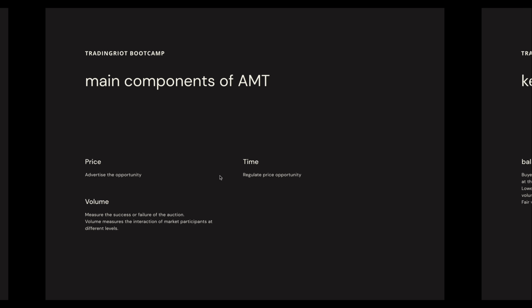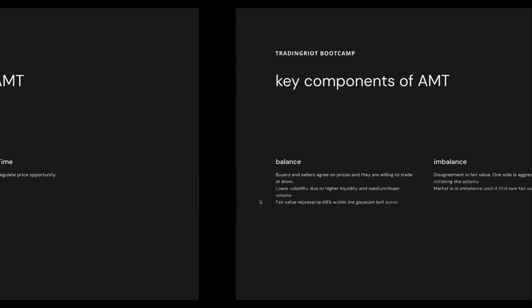By looking at volume, this is your order flow, basically, where you are looking at the interaction at the levels, and the time also plays a key factor, because especially if you are day trading or focusing on any sort of shorter term trades, you need to execute your trades at the right time, because most of these markets have windows of volatility, and once that is gone, you are just stuck in a position. Okay, so these are the three main components of auction market theory.